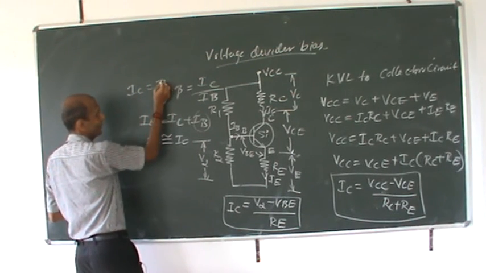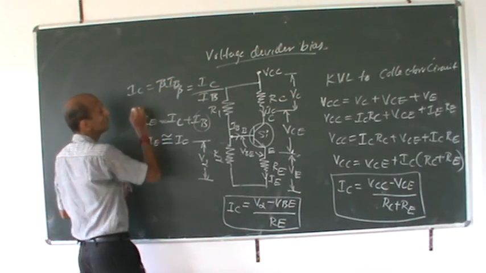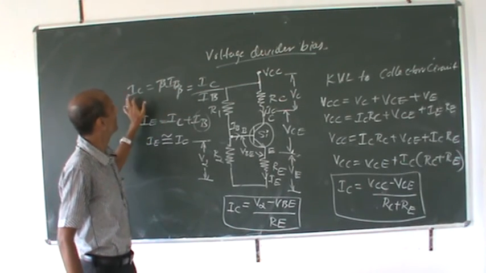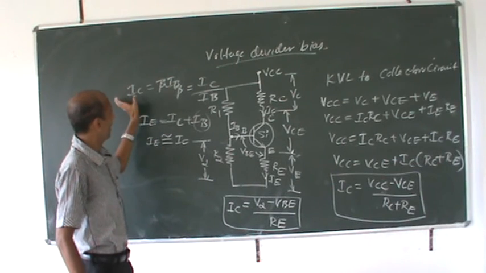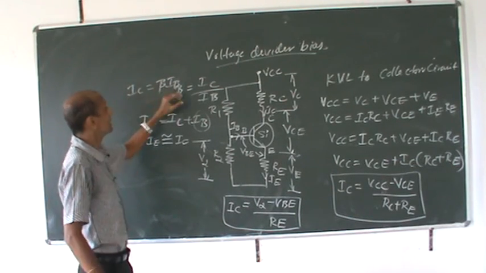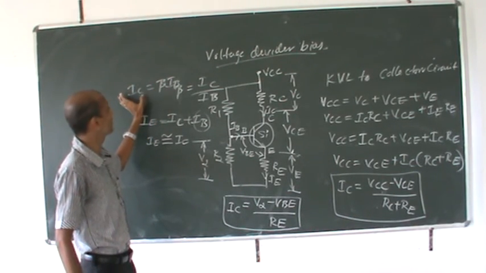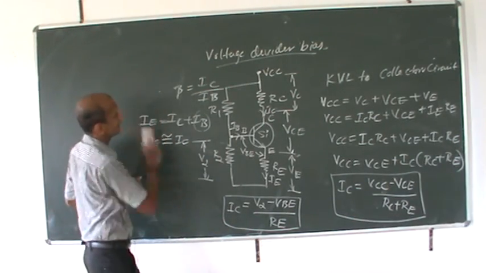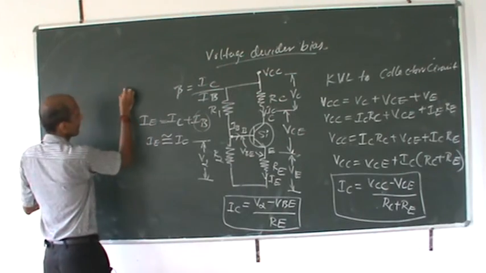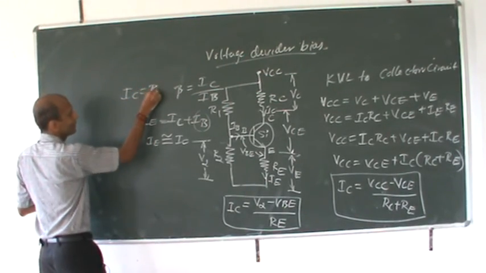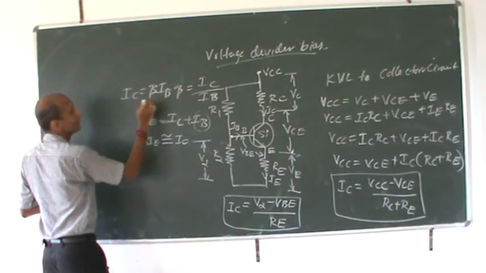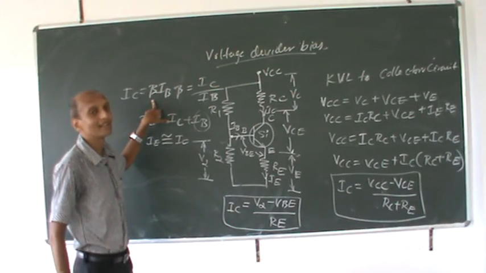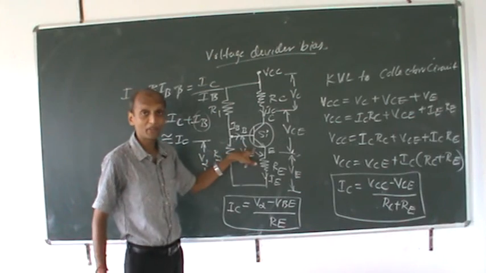So how can I write your IC then? IC, the collector current, can be written as IC equal to beta into IB. So your collector current is related to the base current. So the input current will decide the output current, and beta is the current gain in your common emitter configuration.